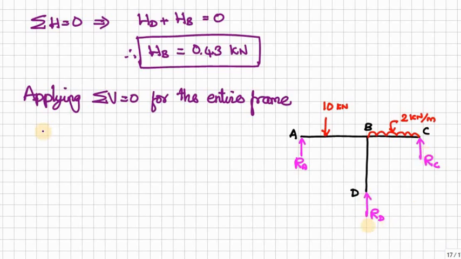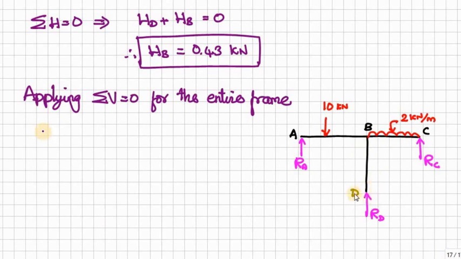Clear? Because we are going to apply only sigma V is equal to 0, we are not considering the horizontal reactions at supports D as well as A. Moment also we are not considering here.